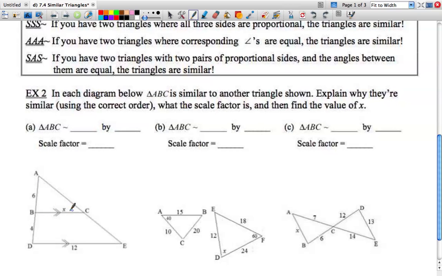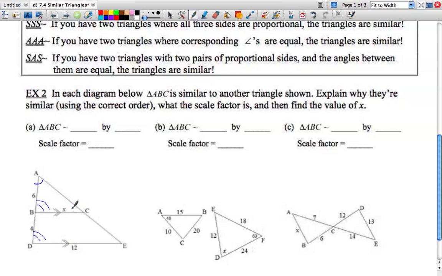All right, we know this symbol means that these two sides are parallel. And let's see, so we have 6, 4, 12. We don't have any angle info, but we know that angle A is congruent to angle A by reflexive. Angle B would be congruent to angle D by corresponding angles congruent if segments are parallel.